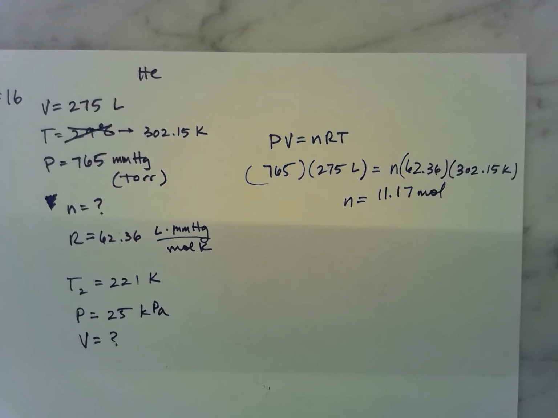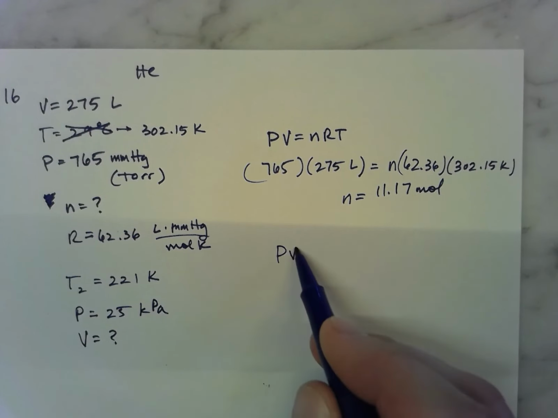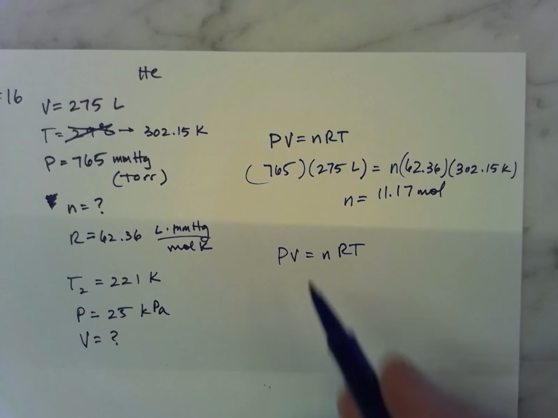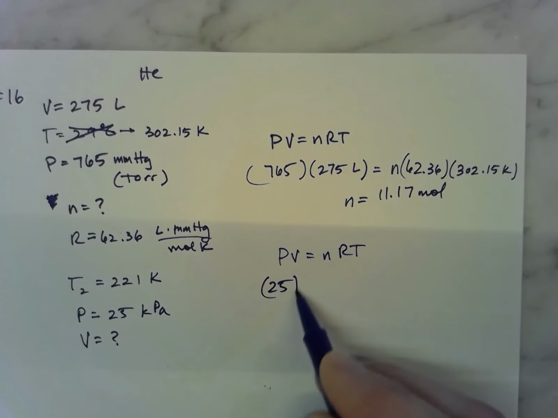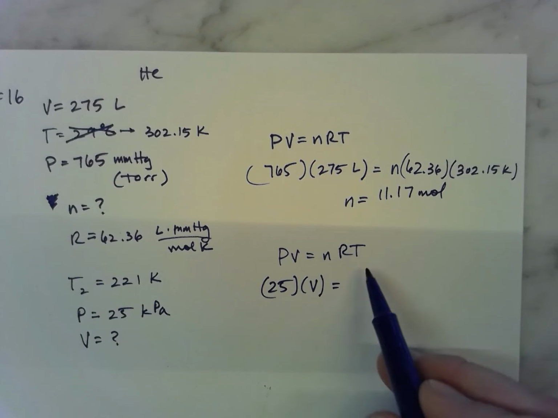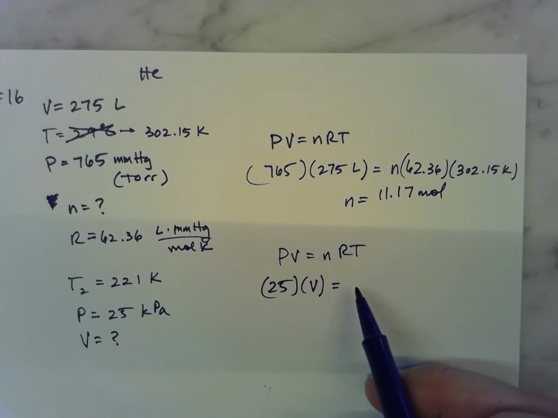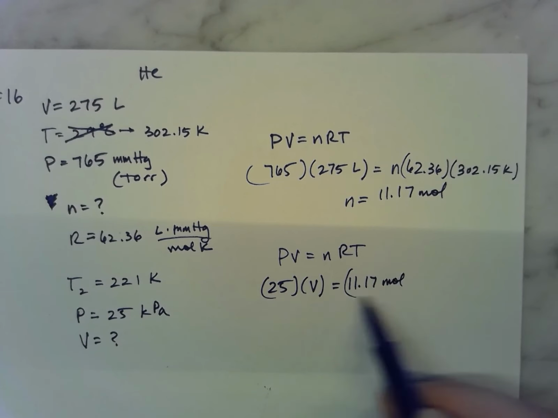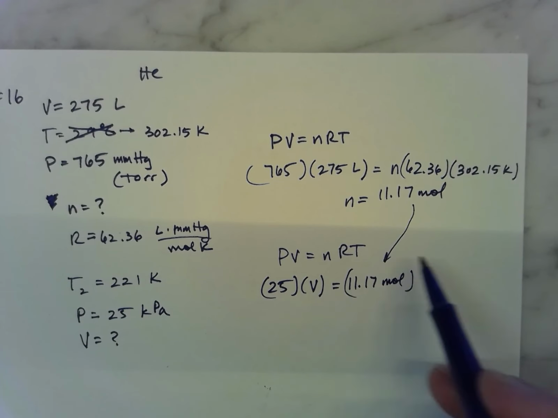Well, maybe it's not so tricky because now we can just write a whole new equation of PV equals nRT. 25 kPa. We're looking for a volume. The number of moles. Okay, it's a weather balloon so that they're stuck at that. That can't go anywhere, so we just pull that down.